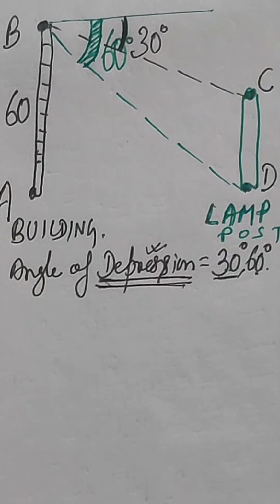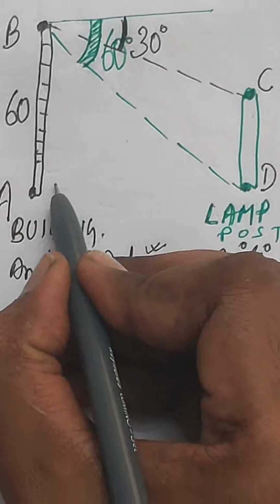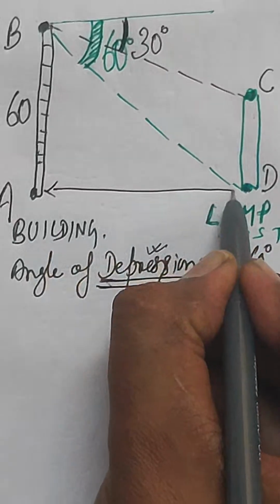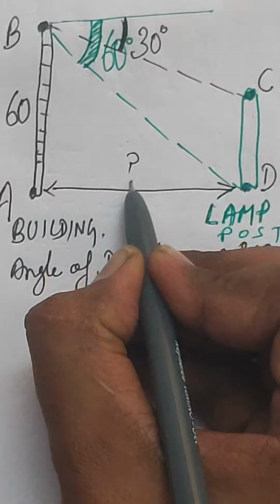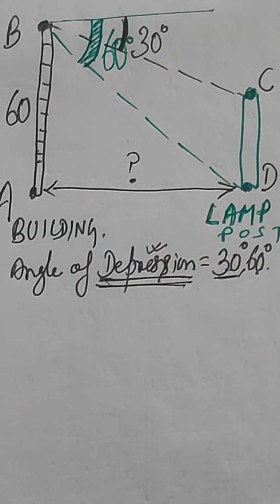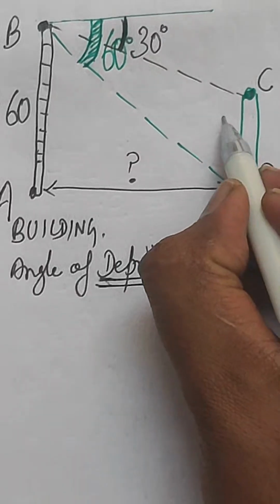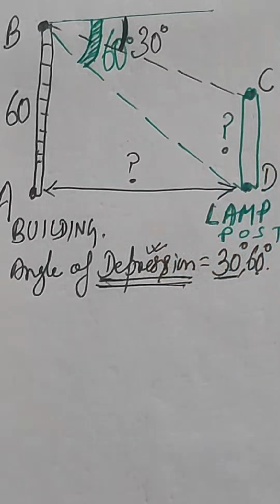Now, what is the horizontal distance between AB and CD that we need to find? That means this distance we need to calculate. What is this distance, right? And the height of the lamp post CD also needs to be calculated, and the difference between the height of the building and the lamp post.